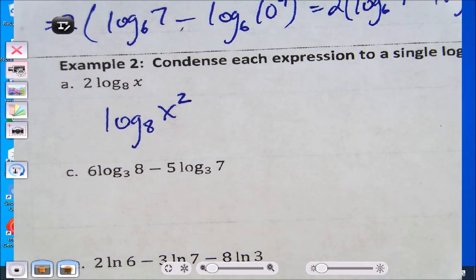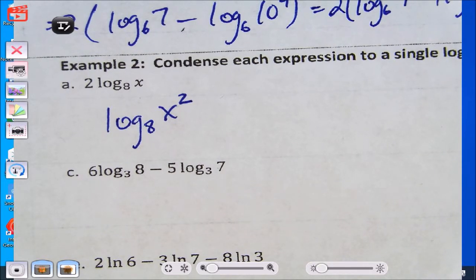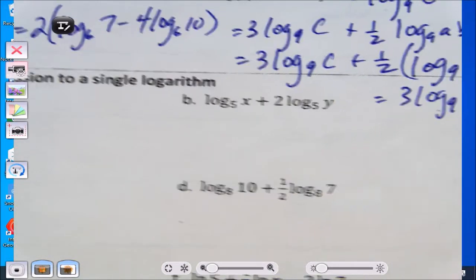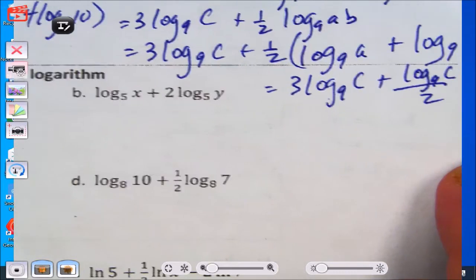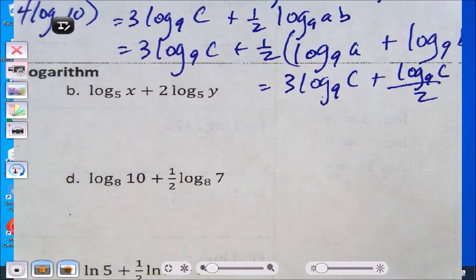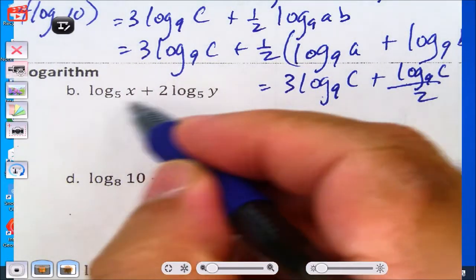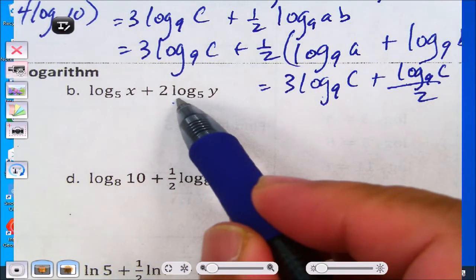Ready for B? Yes. All right, B. Now, so for these questions, when do you stop? You stop when you have only one log and everything is inside of that one log. So here, first thing I'm going to do is deal with this coefficient.